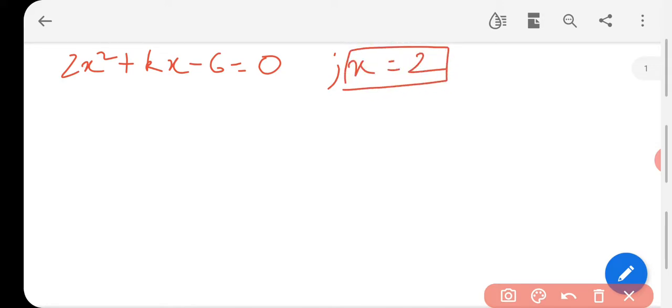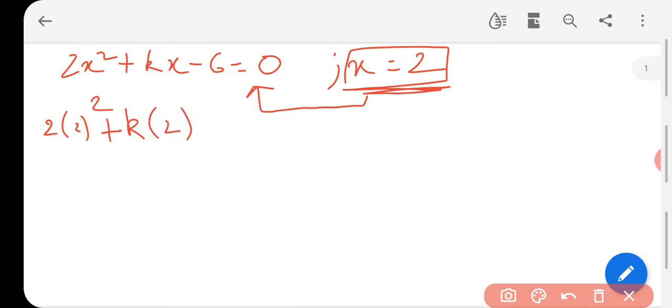So to find out the value of k, this value x equal to 2 we need to put in the given equation, because x is equal to 2 is a root of the equation. So we'll write 2 into x square, the value of x is 2, whole square, plus k, and the value of x again we will put 2, minus 6 equal to 0.